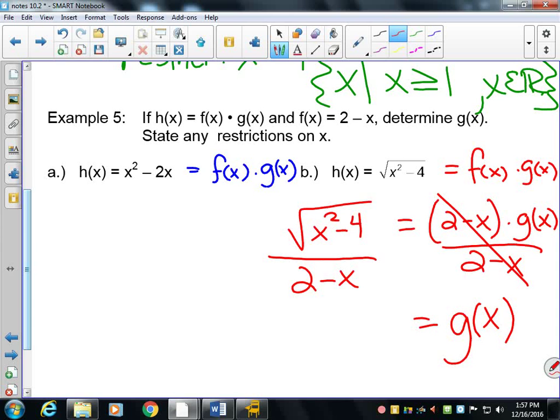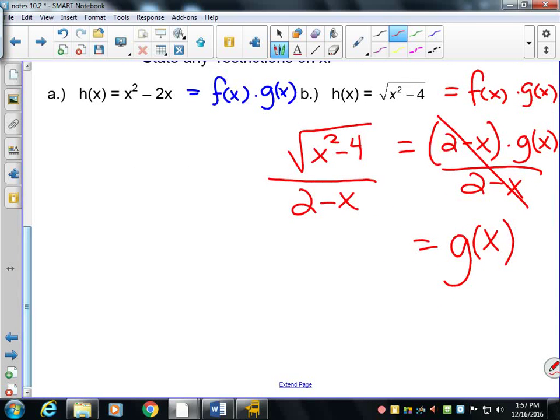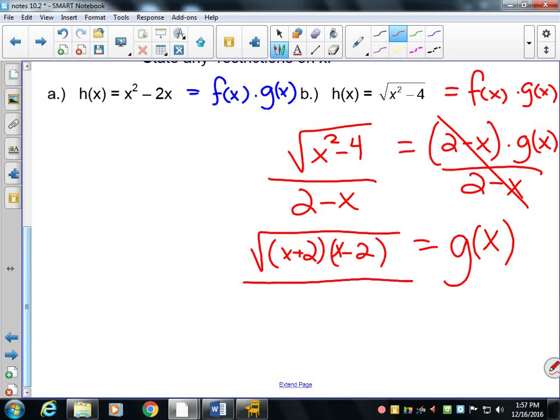What do you guys notice about that x squared minus 4? Please, oh please, please say you could notice this. It's a difference of squares. x squared minus 4 is a difference of squares. What's a difference of squares? How do we factor that? x plus 2, x minus 2, right? Does that help us?